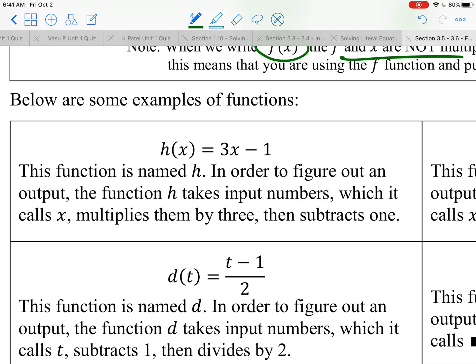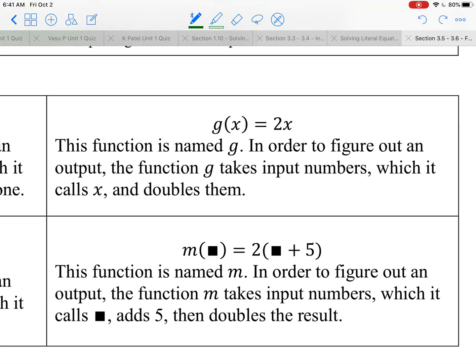Okay, so let me give you some examples of functions. So h of x equals 3x minus 1. That's this function. We say h of x because h is the name of the function and x is the input of the function. And in order to get an output, the function h takes numbers, which it calls x, and looks like it multiplies them by 3 and then subtracts 1.